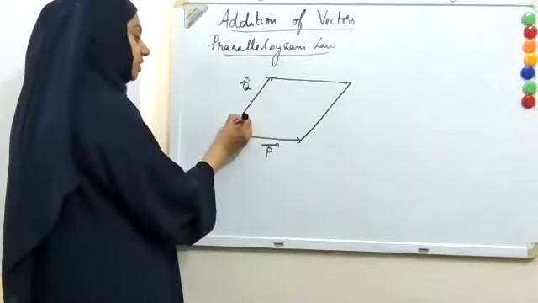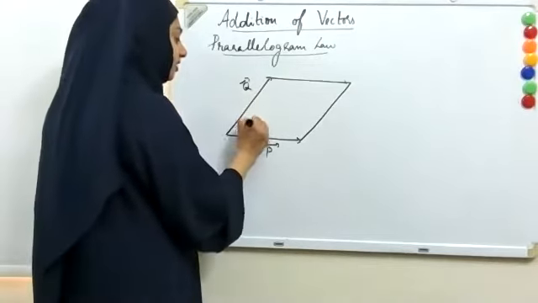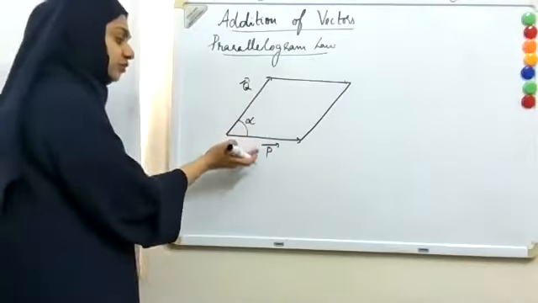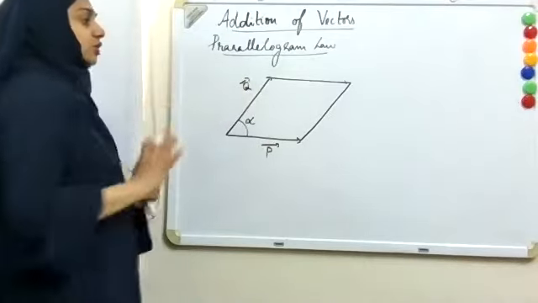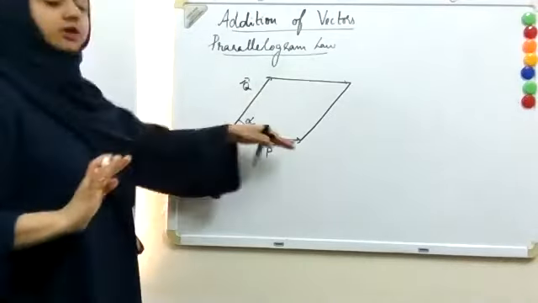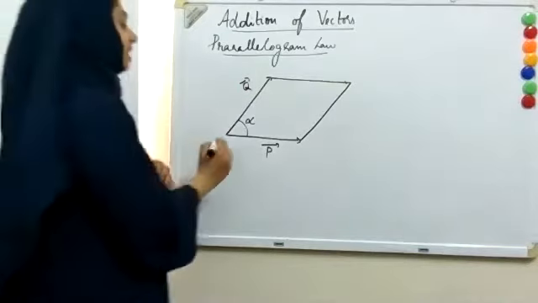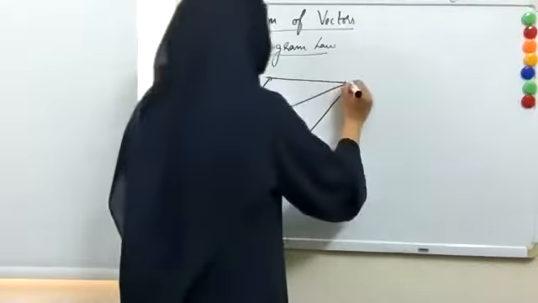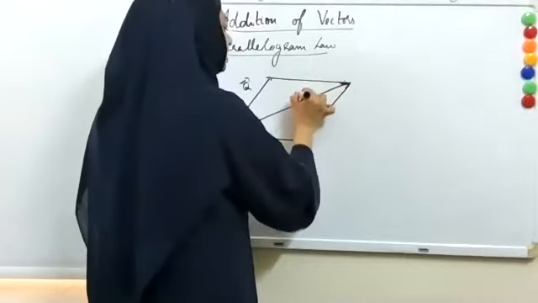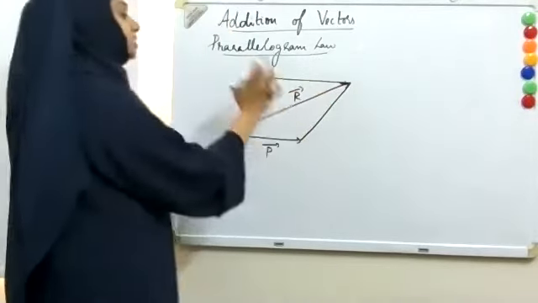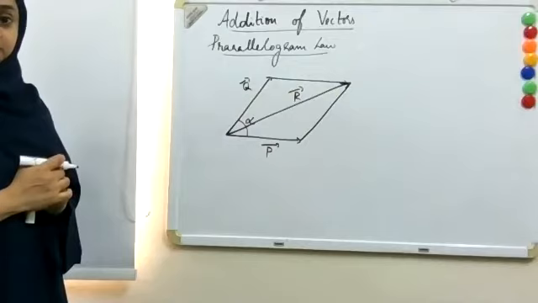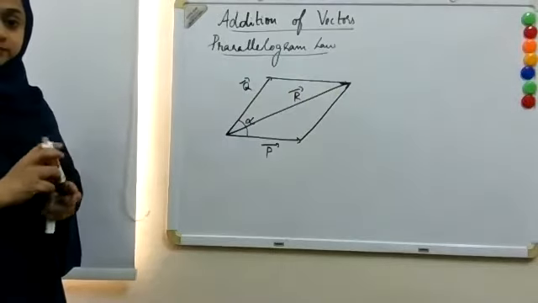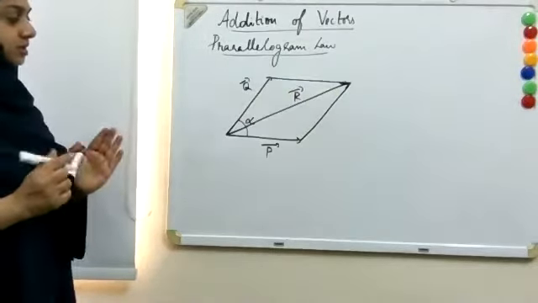Suppose the angle between these two is alpha. Alpha is the angle between the vectors P and Q. So what we have are two vectors P and Q having an angle alpha between them. Now we need to find an expression for the magnitude and the direction of the resultant vector R. Let us see how it is done.